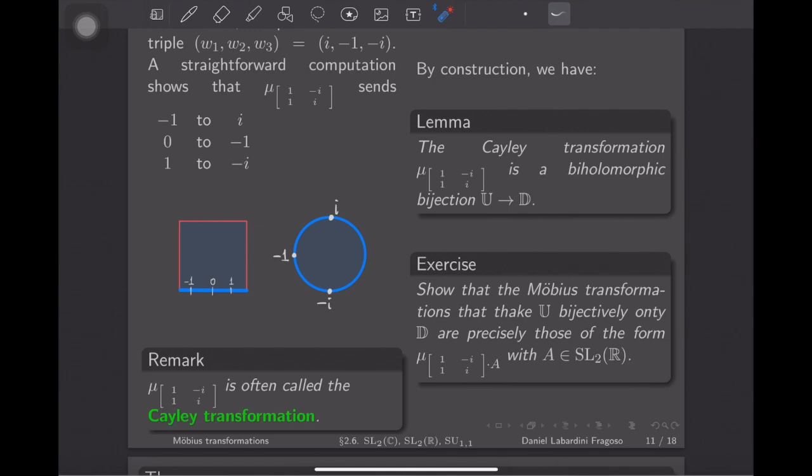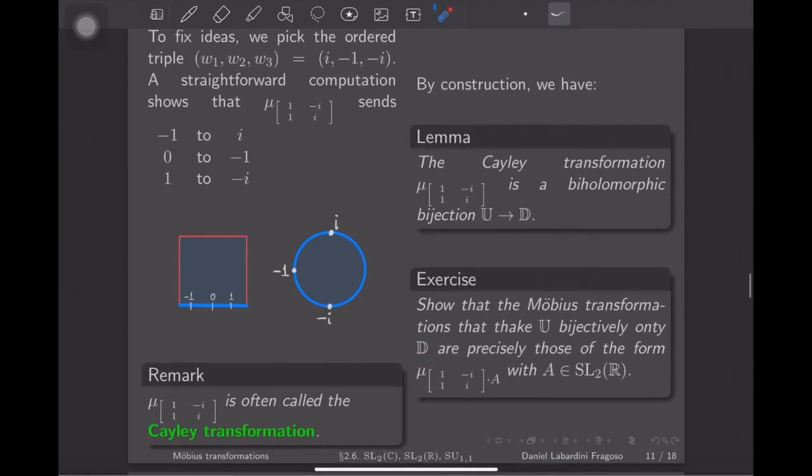If I take anything in SL2R and I follow it with this one, this is going to be mu of (1 minus I, 1 I), preceded by mu of A. And I know that this preserves U bijectively. So at least I know that all those Möbius transformations of this form send U to D bijectively. And then the exercise is that any one such is of that form.